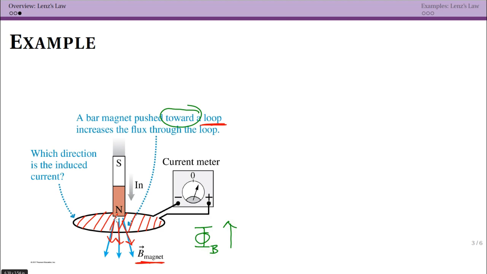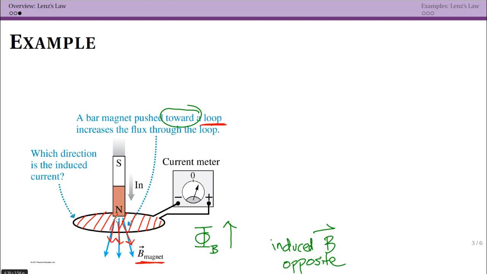So we know that the magnetic field is down at the loop, but the value of the flux is increasing. So that was the first 2 steps. So now what we need to do is counteract that increase. So our induced magnetic field needs to be the opposite direction. Okay, this is the hard part of step 3.